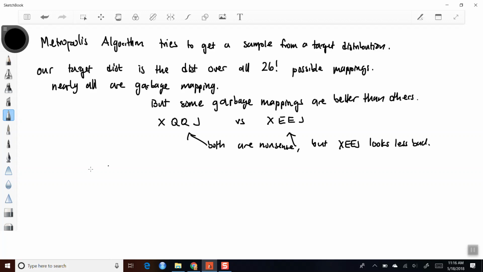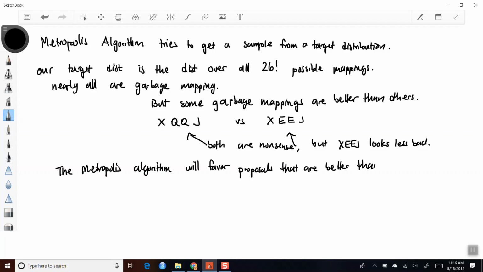And so, the Metropolis algorithm will favor proposals that are better than the current, okay?